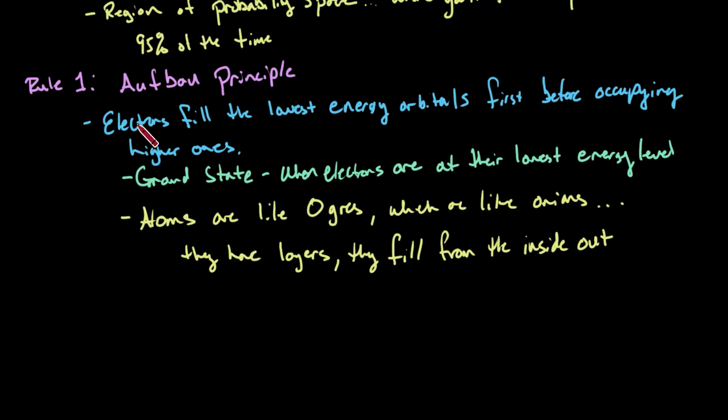All right, so rule 2. Rule 2 is Hund's rule. Okay, also known as the roommate rule.